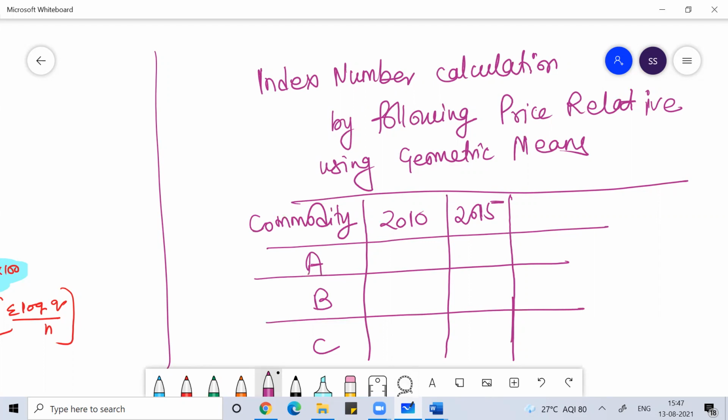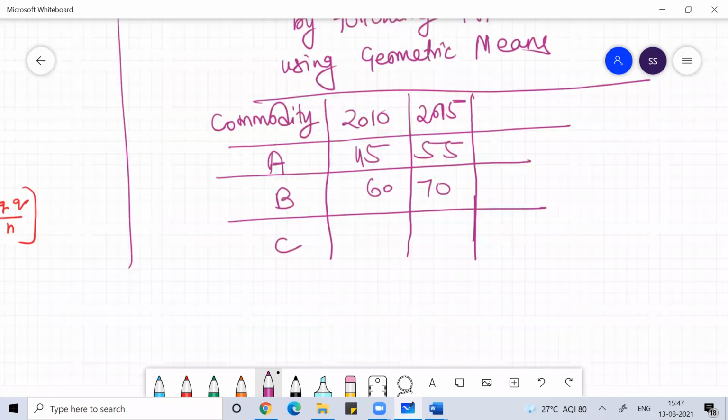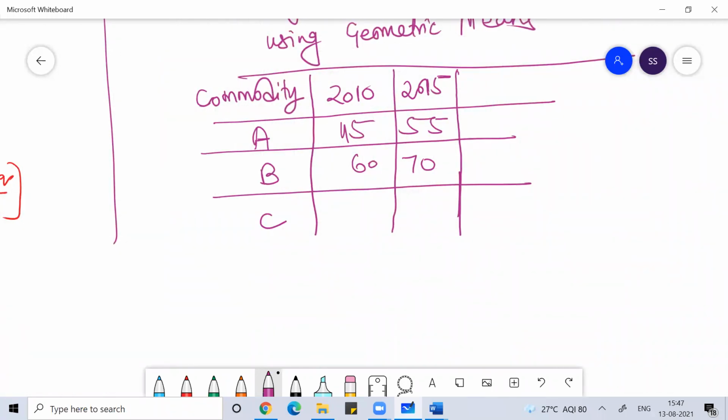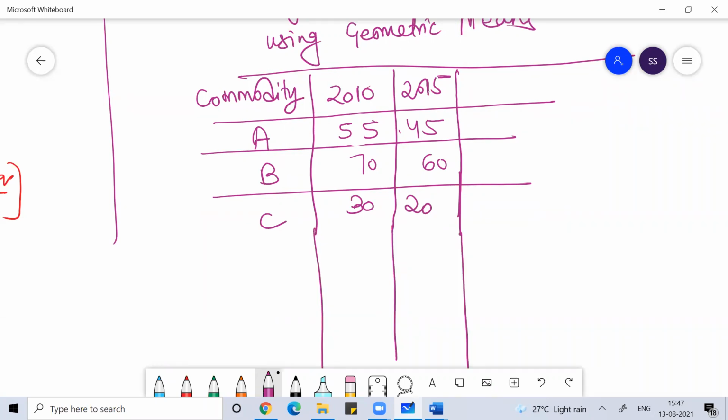A: 45, 55. B: 60, 70. Then 30, 20. Then 75, 50.